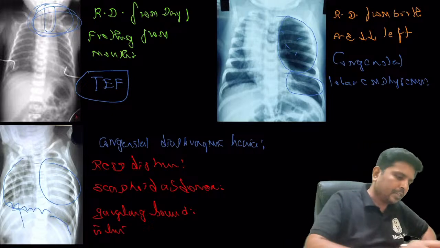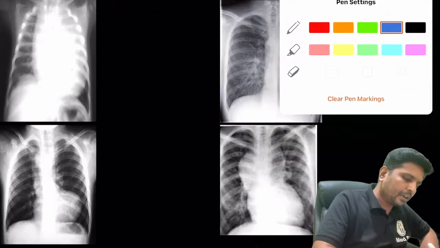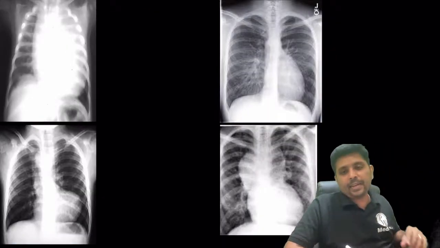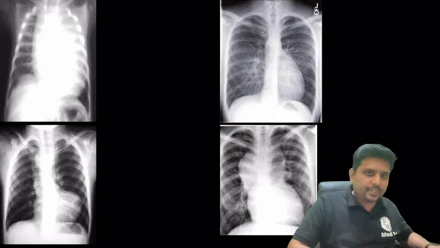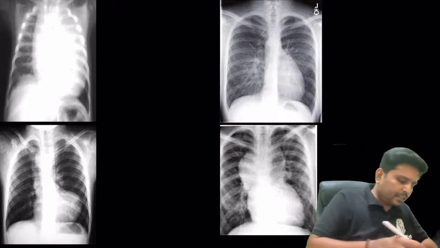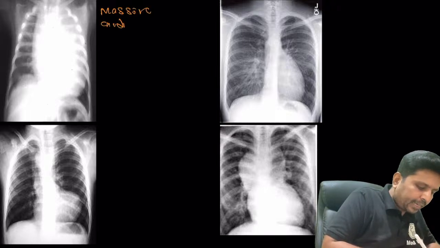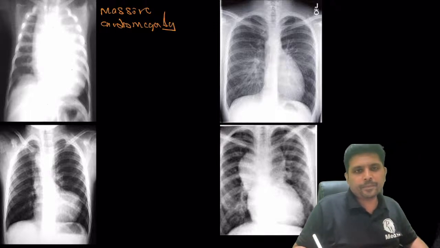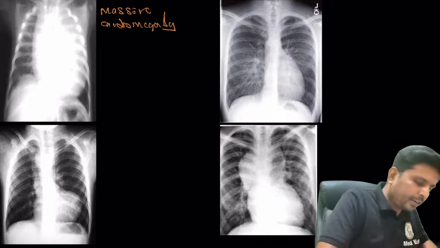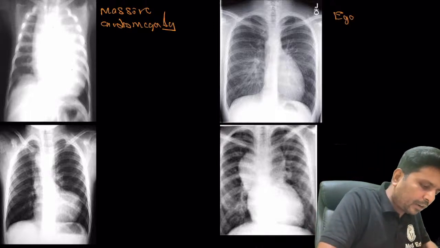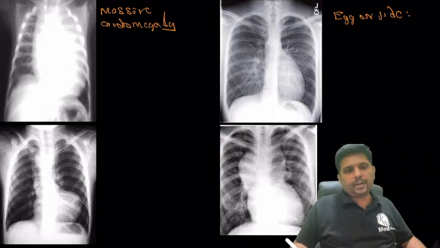So this concept is over. Let us go for the next concept, mainly for congenital heart diseases. Here I have a massive cardiomegaly. Here I have an egg-on-side heart.